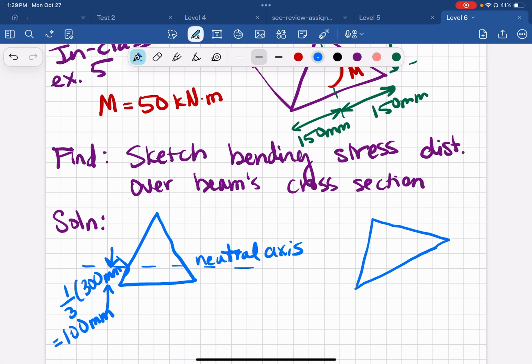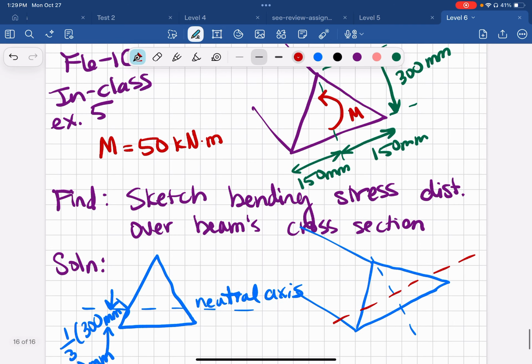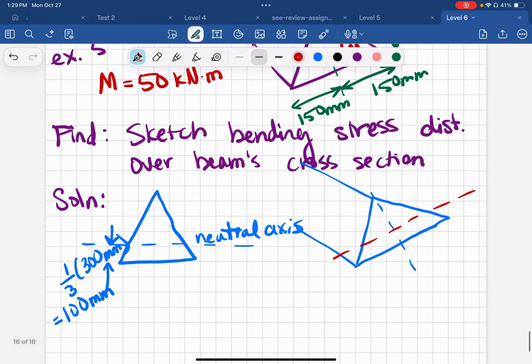So here's our triangular beam, and on here, we know that the neutral axis is along here. And then we know that it's going to be bending up. So the top part's going to be in compression, and so up at the top is where we're going to have the maximum stress.